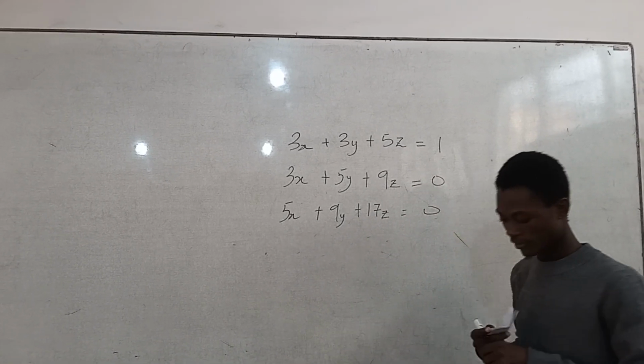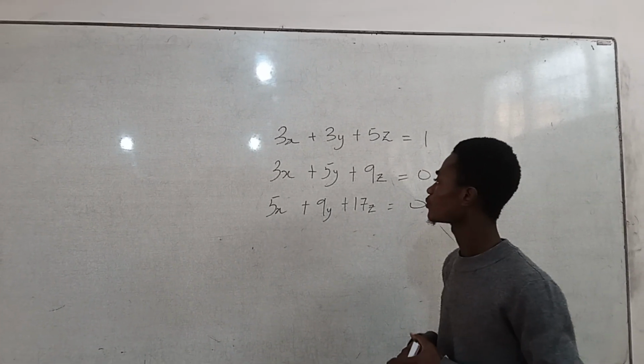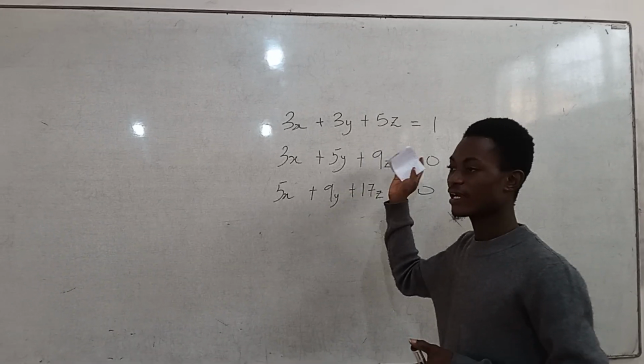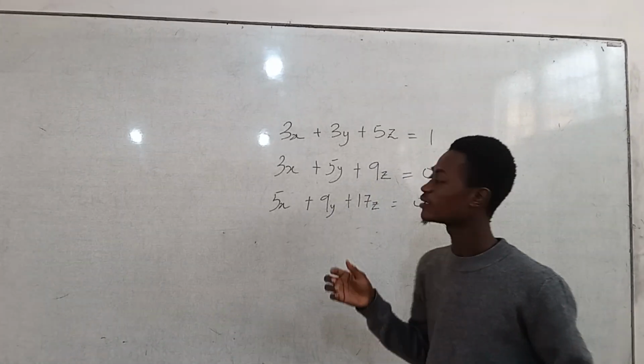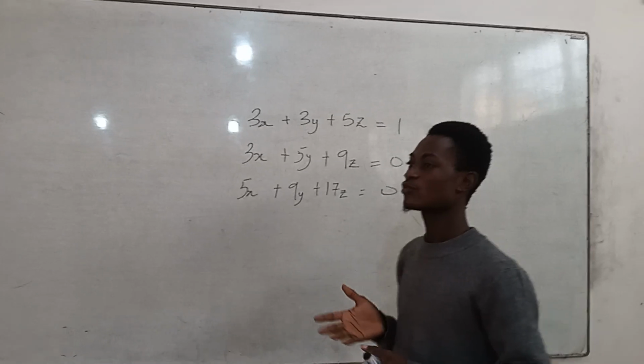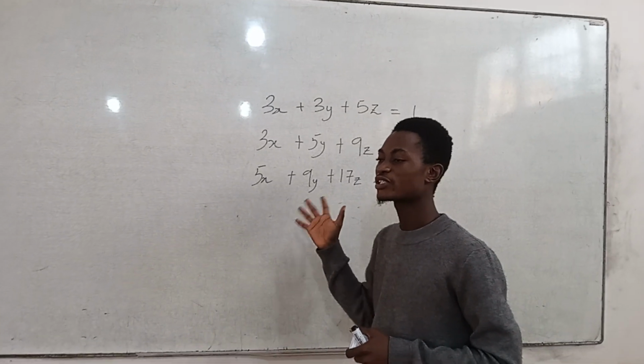You've been given a question like this, and with this, you can use either the substitution method or the elimination method. But here is the case in which you are supposed to solve the question in matrix form.